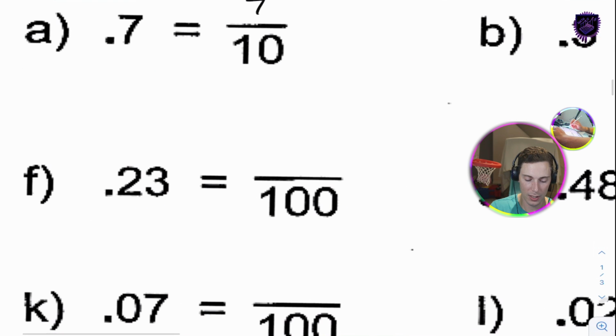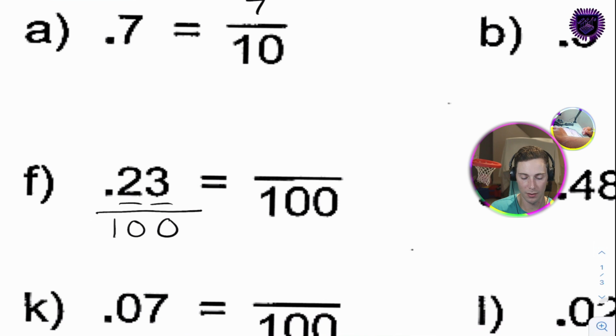So we have 23 hundredths. So this is what I was saying. It has two place values here, 1, 2. We need to go and write 3 underneath it, 3 place values, because it's now moving into the hundredths.